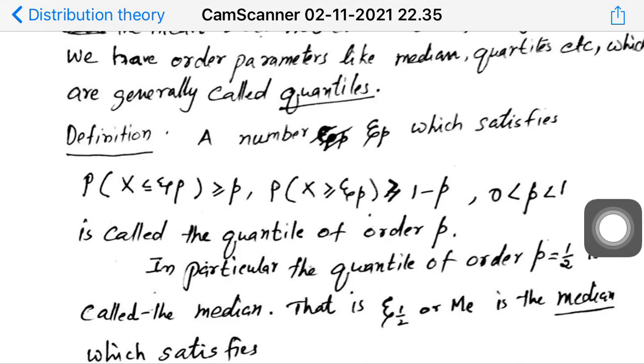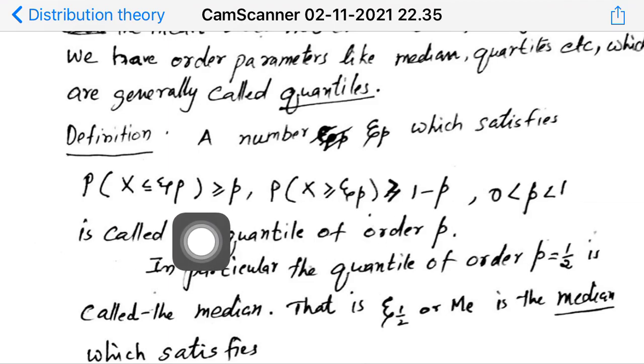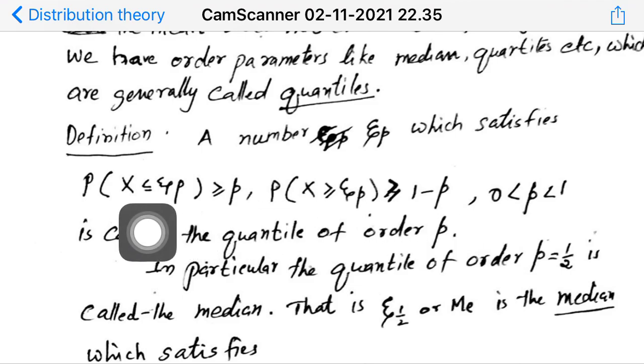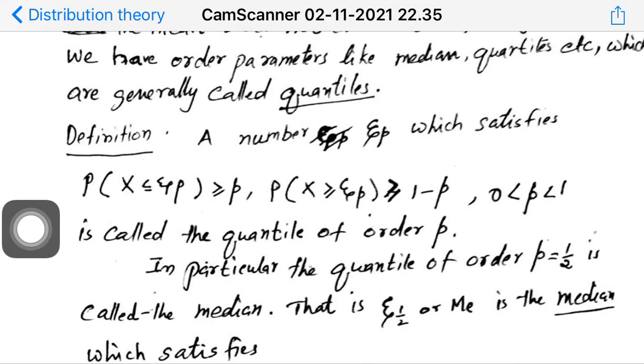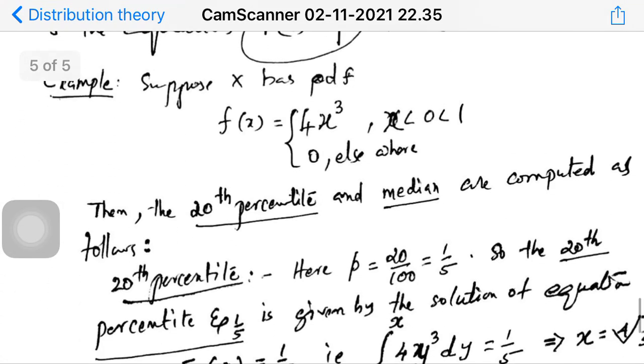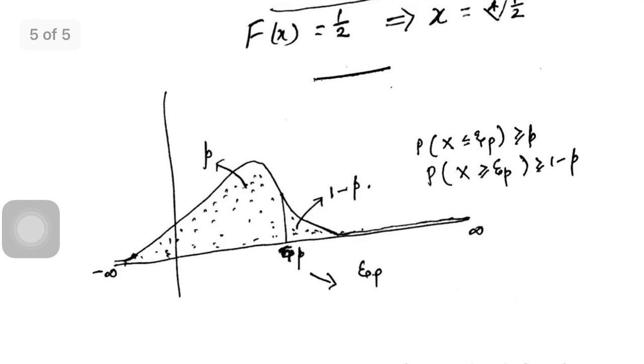Okay, and now you can have an idea of this from the graph of the probability distribution of this X. Suppose X is a continuous random variable. Then you can see a figure here. From this figure you can see that the random variable varies from minus infinity to infinity.